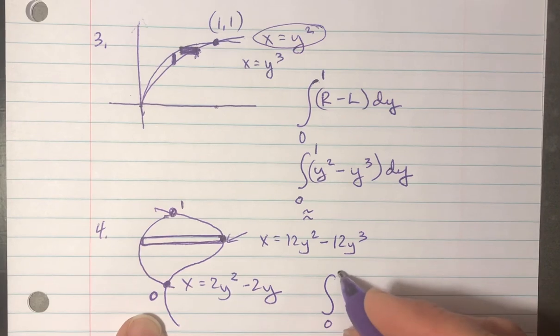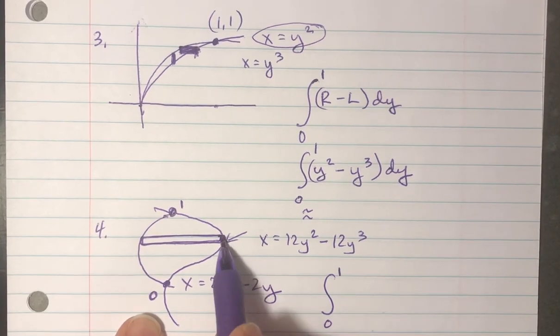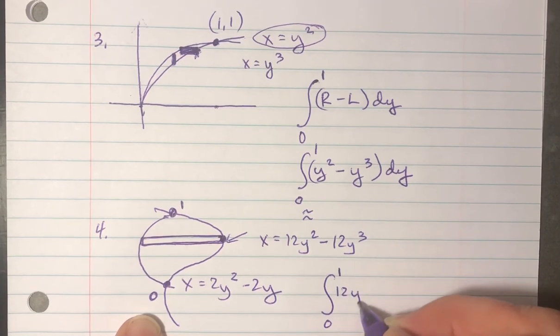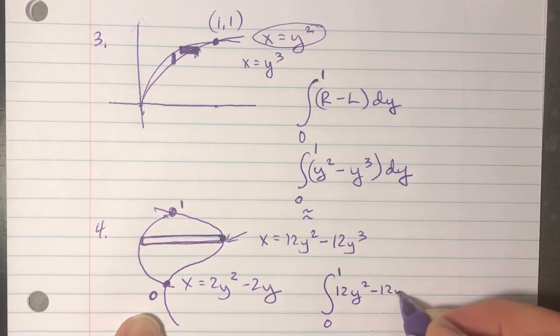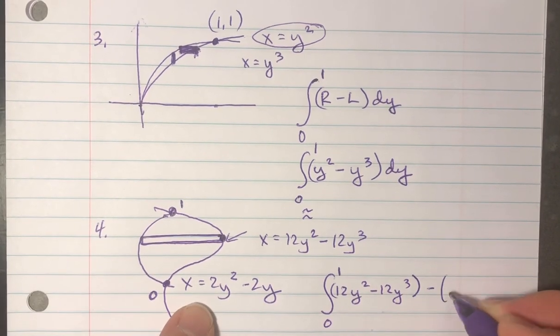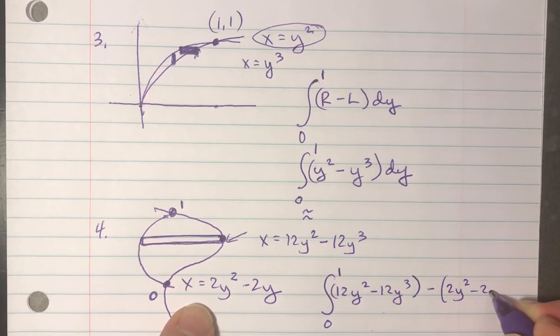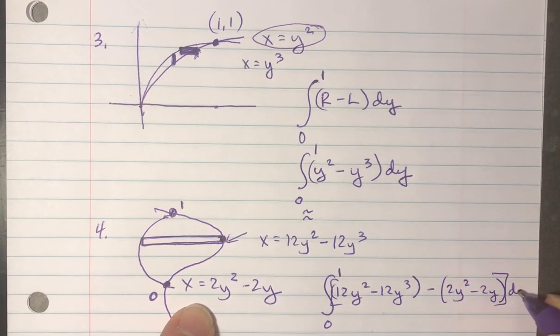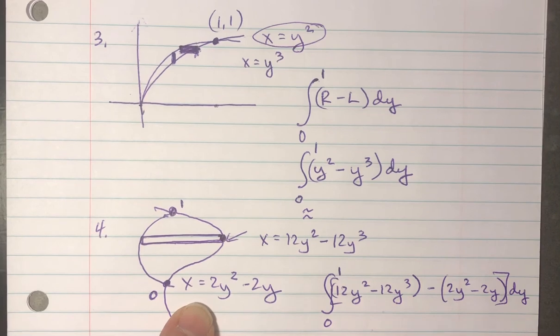So we're going to integrate from 0 to 1, and then we have our right minus our left. So that would be 12y squared minus 12y cubed, minus (2y squared minus 2y). And then we are going to integrate with respect to y.